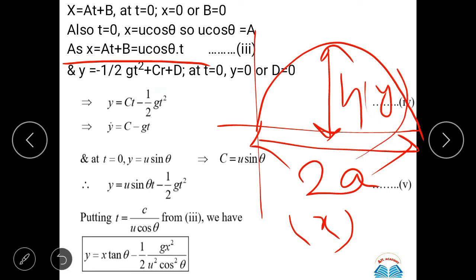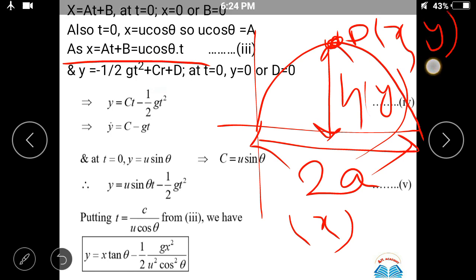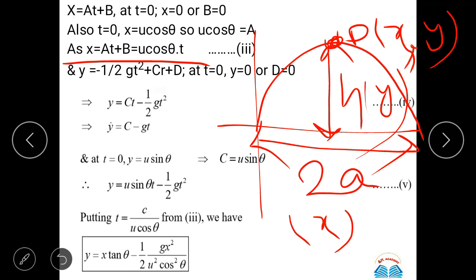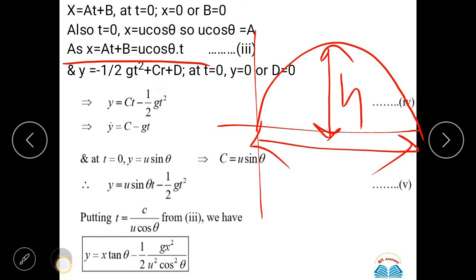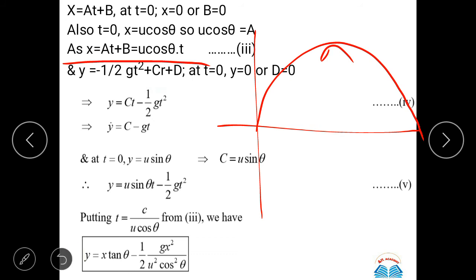You can put your particle here, P at (x, y), and first of all you have to get the coordinates x and y, and after that you have to do all these things. You can apply constants: at the initial condition the particle should be at this position, at the final condition the particle should be at this position.